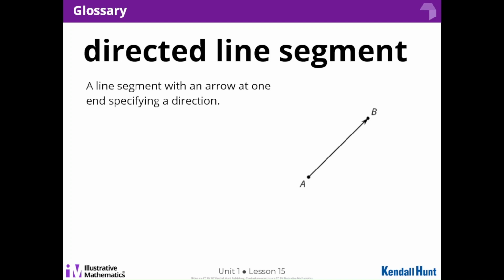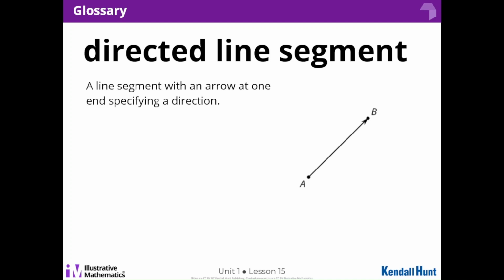Here we have a directed line segment. When we do lines, the lines go in both directions to infinity, so we have arrows on both ends. When we have a line segment, we have these 2 points that act as the end points of the line segment, and we're only talking about everything in between those 2 end points.